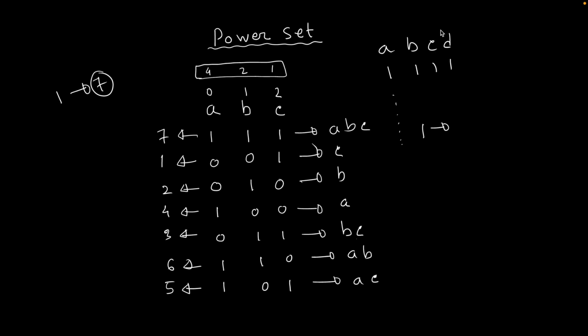Let's find out: 1, 2, 4, 8. 8 plus 2 is 10, 10 plus 1 is 11, 11 plus 4 equals 15. So we will have numbers from 1 to 15. We find a pattern.